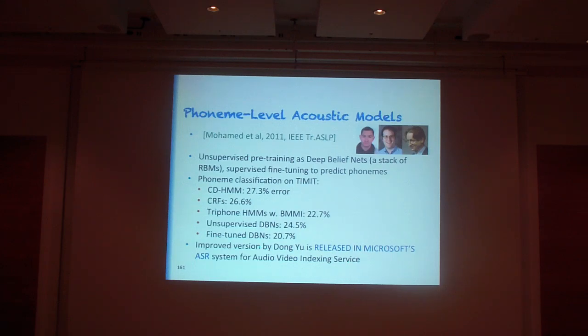And this has been improved and extended and mixed with a language model to obtain state-of-the-art results that Chris mentioned at the beginning of the tutorial, at Microsoft, that has been released for their speech recognition system for audio and video indexing.